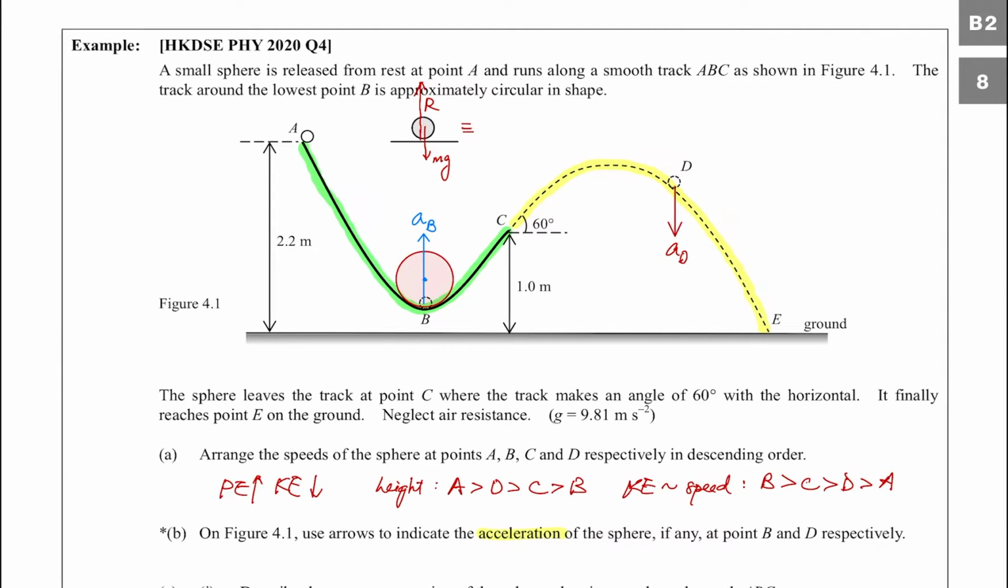So it would be equivalent to a net force that is acting upwards when it is at point B. Therefore, if the net force is acting upwards, the acceleration would also be acting upwards. So the acceleration at point D points downwards, and the acceleration at point B points upwards.